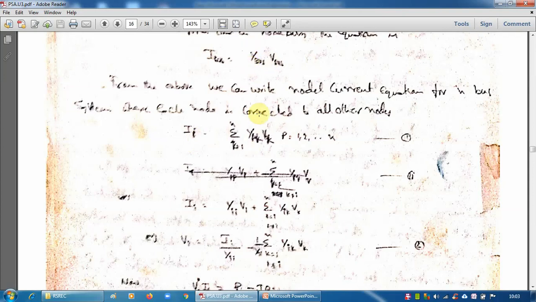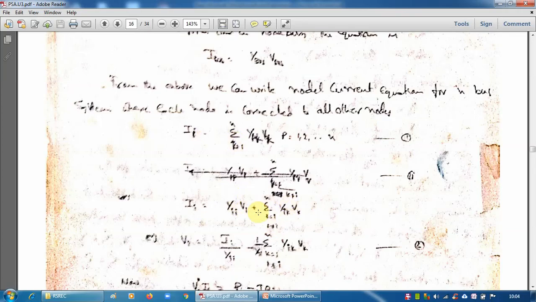Now in this equation and in this summation, the ith term is taken out, Yii Vi. If the ith term is taken out, the summation will become like this: k equal to 1 to n, and k is not equal to i, except i. Why? Because the ith term is here, it's taken out. So k is not equal to i and the remaining is the same.